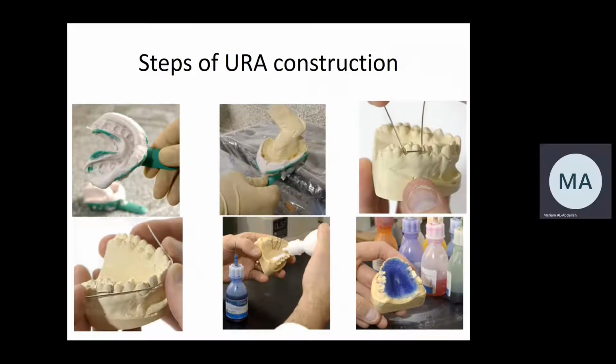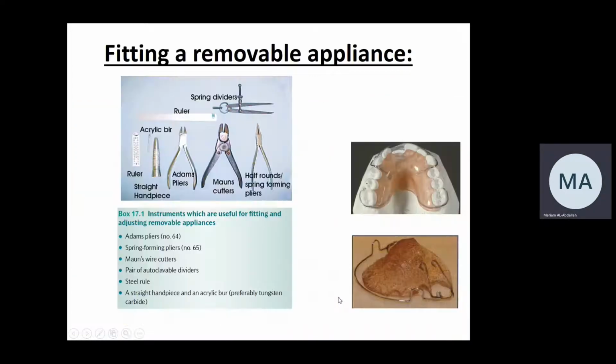So we take the impression, we pour the stone, we have a study model, metal framework is constructed on this study model, then acrylic is added to combine and to hold the metal framework together. We modify it accordingly, and then we have our appliance.